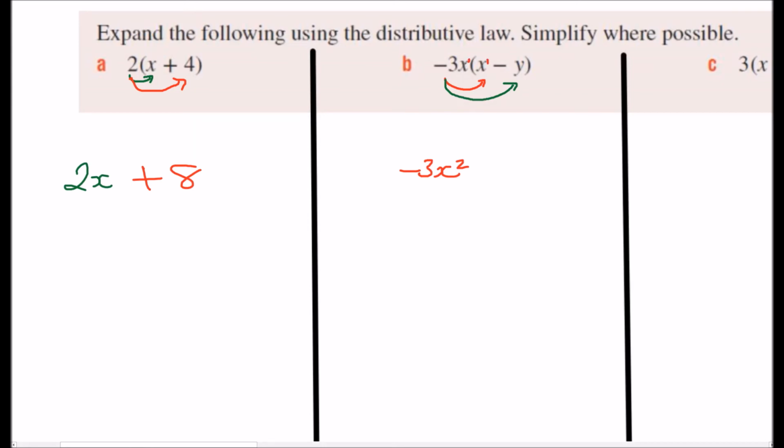On top of these x's there's a power of 1, and you add them together. And the next one, negative 3 times negative y. Remember, a negative and a negative will give you a positive. So plus 3xy. You can't add the variables together because they're different variables, so you leave them like this.